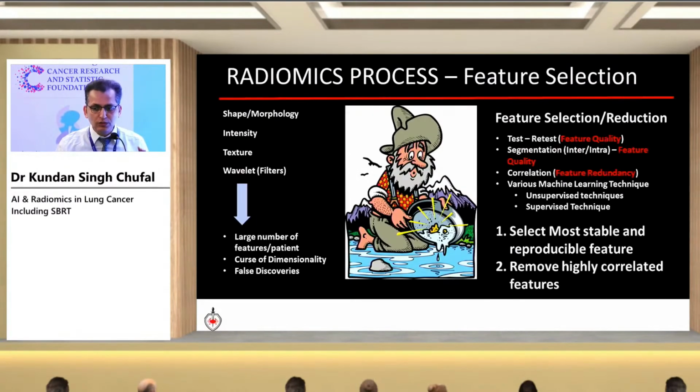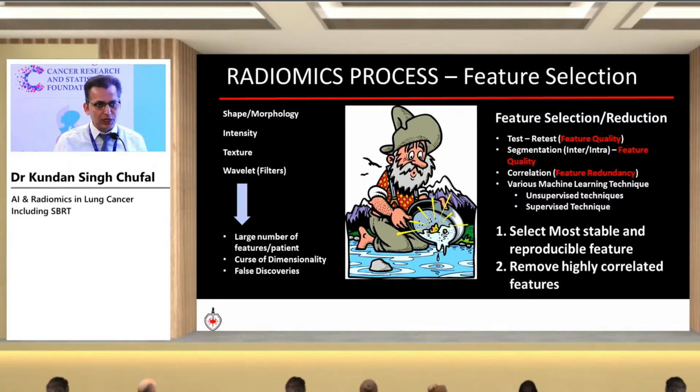So we need to select the good features. For example, we have test and retest. We have the RIDER data set, where the authors did a CT scan of a patient, waited 15 minutes, their coffee break, and then repeated the CT scan and collected the features again. If those two sets of features coincide with each other, then they are good features.